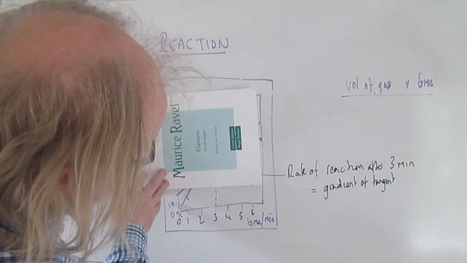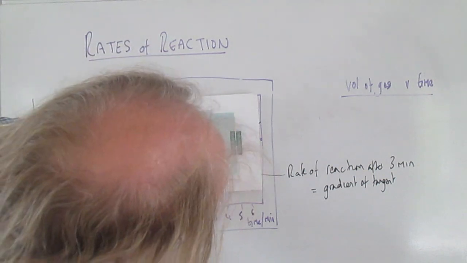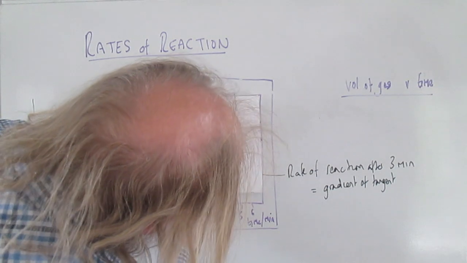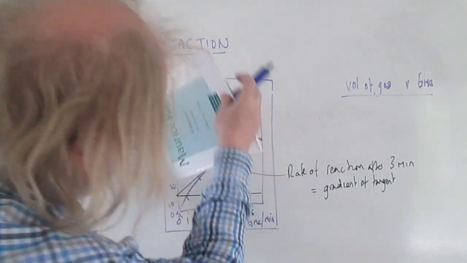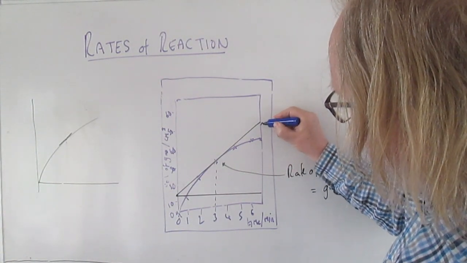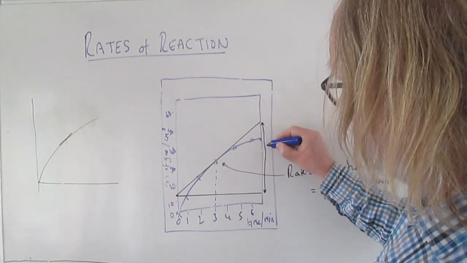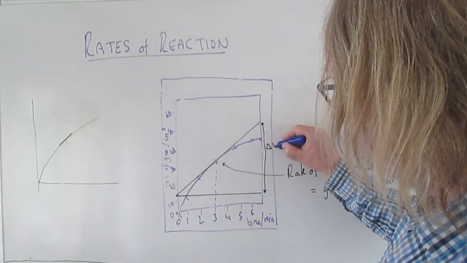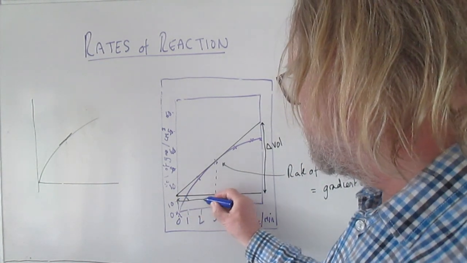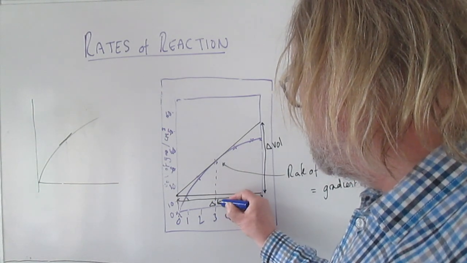So if you've got this on graph paper, it's obviously much easier than it is here, but you're going to have some kind of line going across like that, and you say that is the change in volume, and this is the change in time.